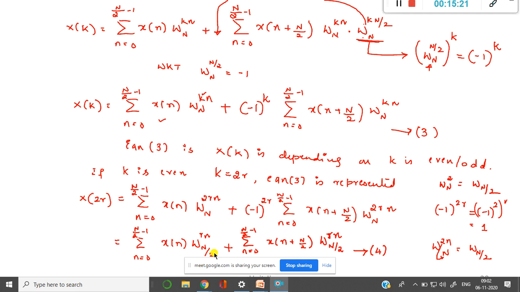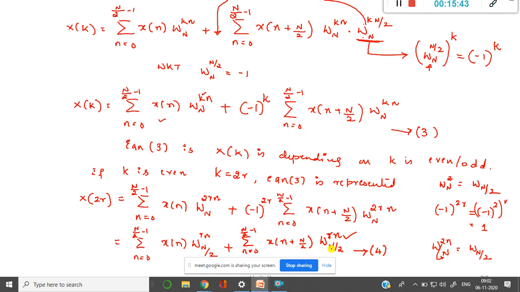So after this, observe carefully. In the first half summation and second half summation, I can take out the summations which are in common. Both are in common, and W_N by 2 to the power of rn is present in the first half and here also.